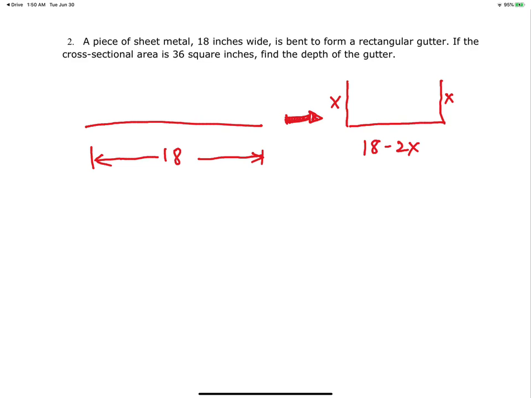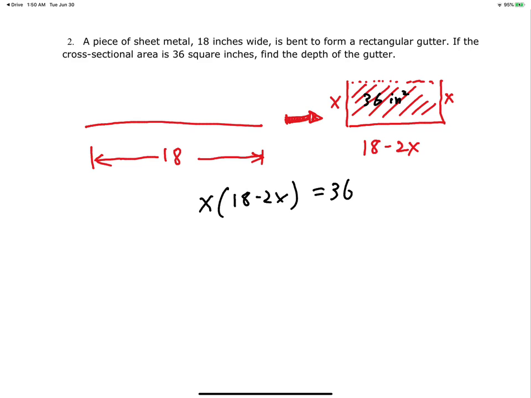So from here, since we're given a cross-sectional area, this area right here is 36 square inches. Okay, so that means the area is going to be x times 18 minus 2x, and that's going to have to equal 36.